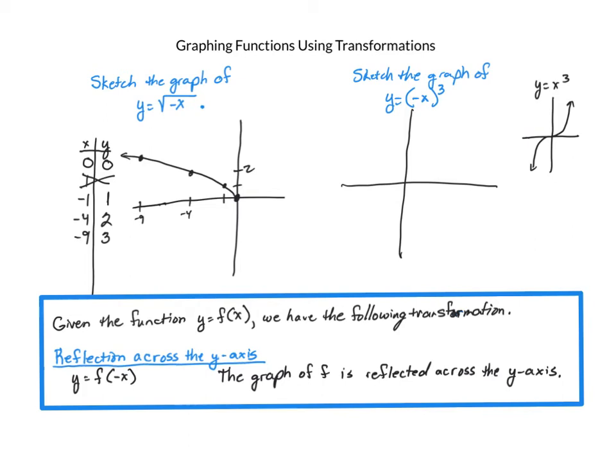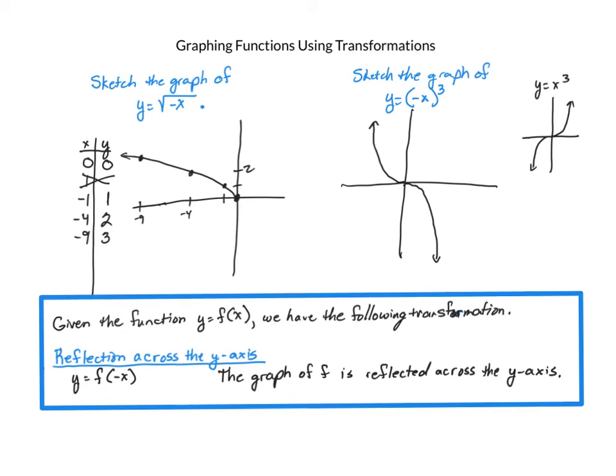So let's come over here on this graph and draw it. And this part here gets reflected across the y-axis, and so it would come over here. So in my graph, I would come here, and it would look like this.